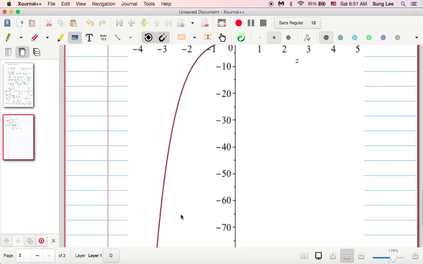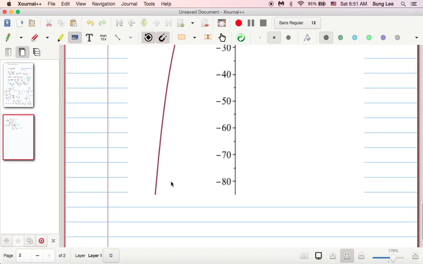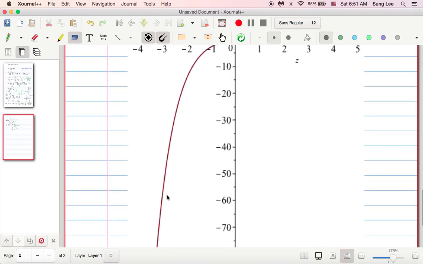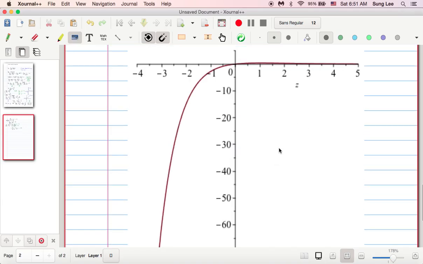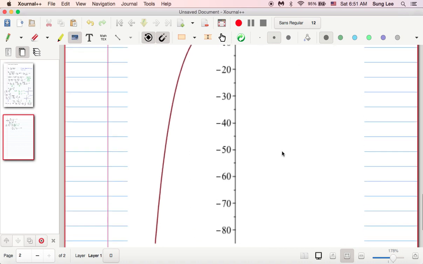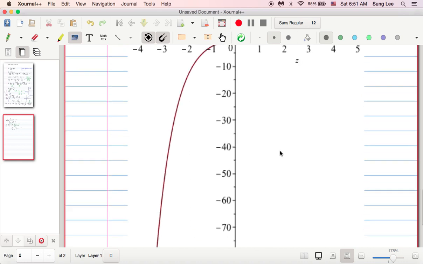So in the case z over e to the z, the function goes to negative infinity. So this again supports my speculation earlier, right? Okay, so in fact, this is negative infinity. So I just wanted to tell you that. Okay, so let's move to the next one.